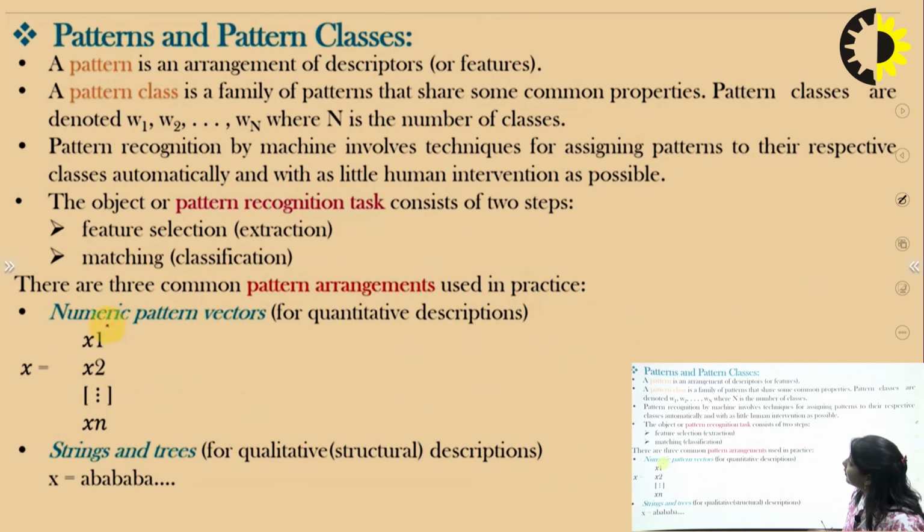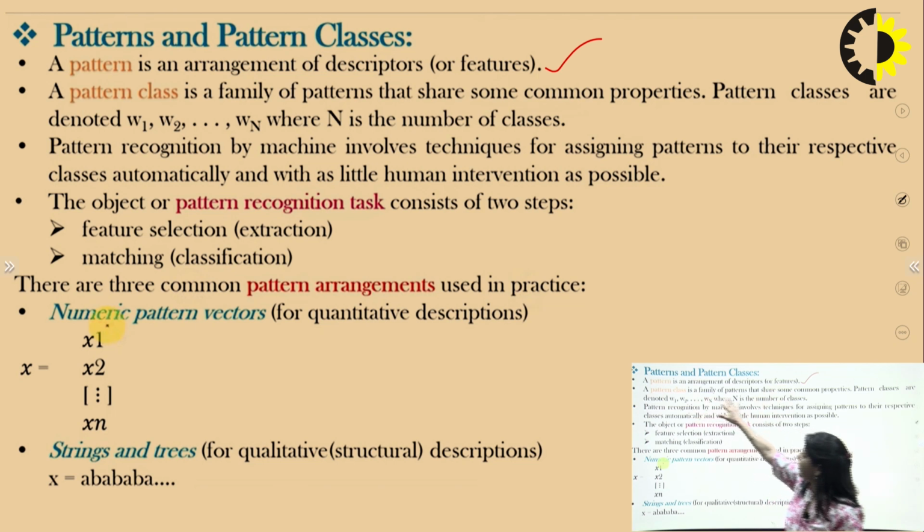So what is a pattern? Pattern means it is an arrangement of the descriptors or features. When we extract the features from the image, we have to arrange those features in the form of a sequence. That arrangement is called the pattern. And what is a pattern class? Pattern class means it is a family of patterns.